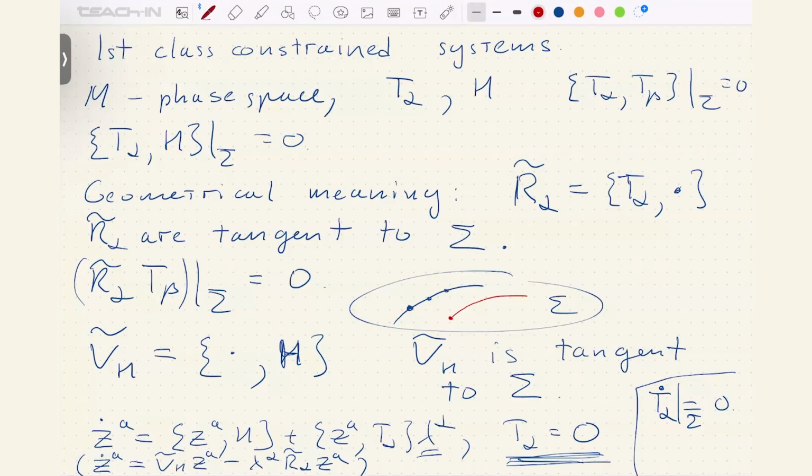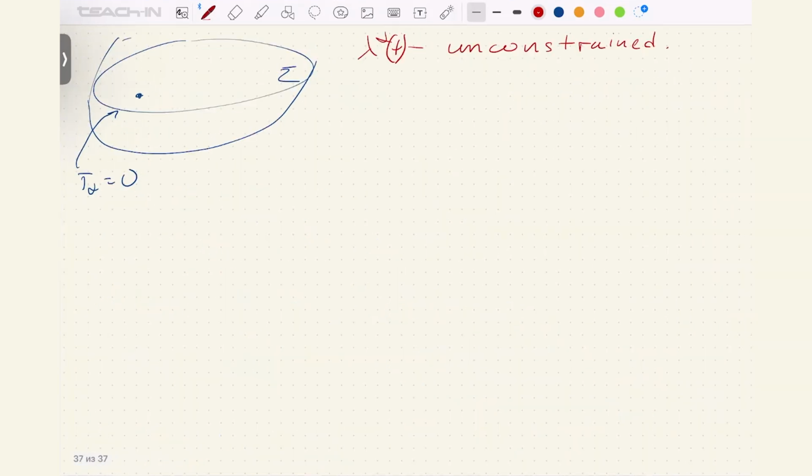our equations of motion. And because our equations of motion are just first order ordinary differential equations, solution exists at least locally. So we get, for each lambda, a different trajectory. And there is an infinite amount of trajectories solving our equations of motion.